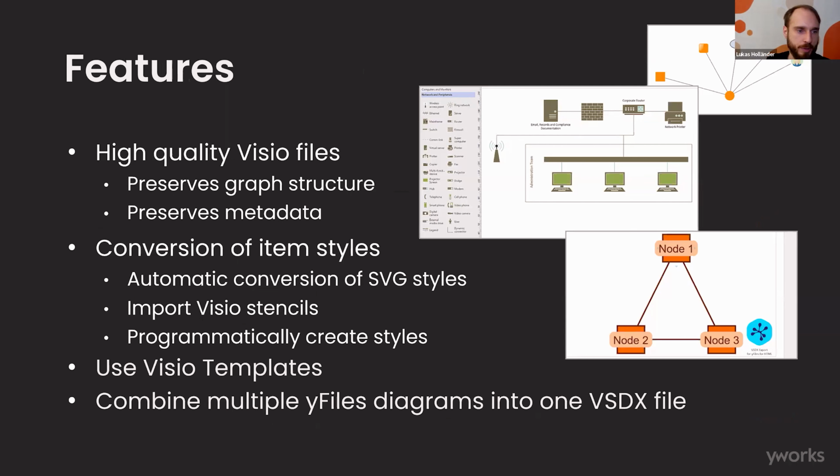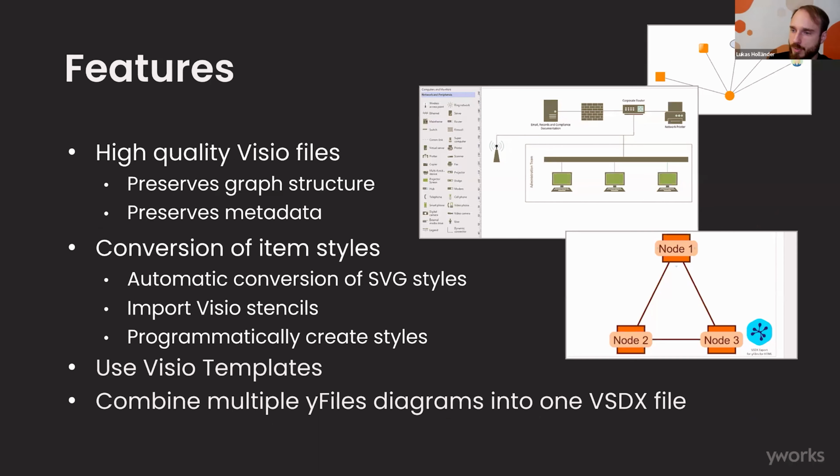So what are the features, a bit more in depth? As I already said, the VSDX export preserves the graph structure during the export. So edges are really connected to the nodes, and groups are preserved.